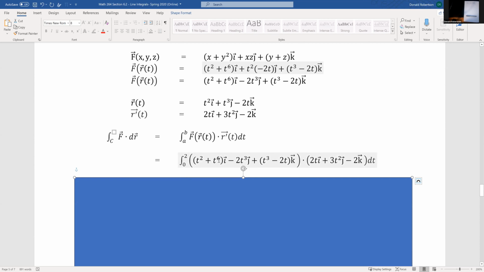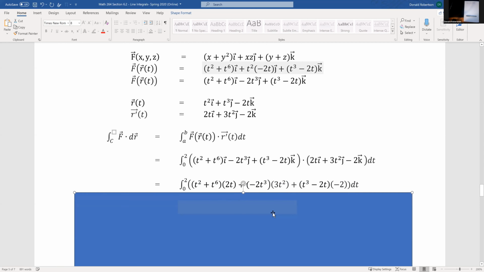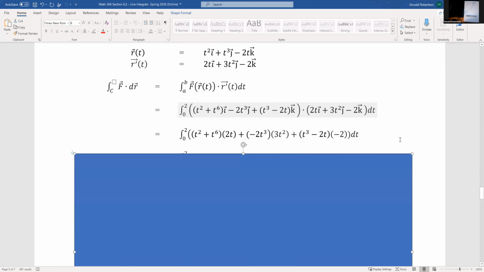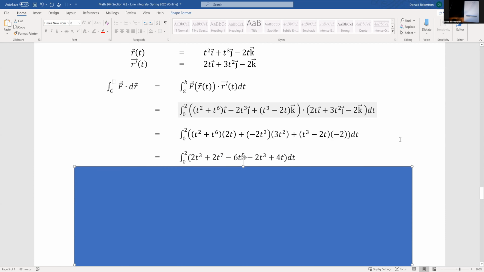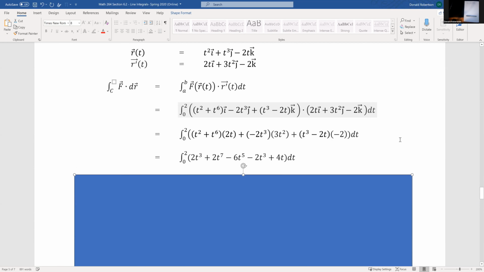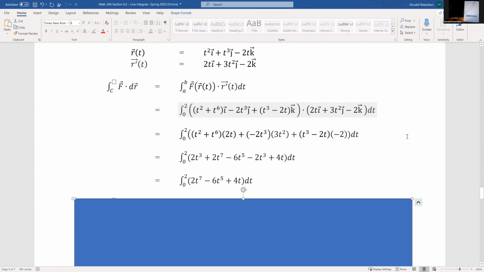That's the F of x, y, z. This is the curve derivative of it. That guy, dot product, that guy. Messy. Multiply it out, collect like terms. It ends up looking like that.